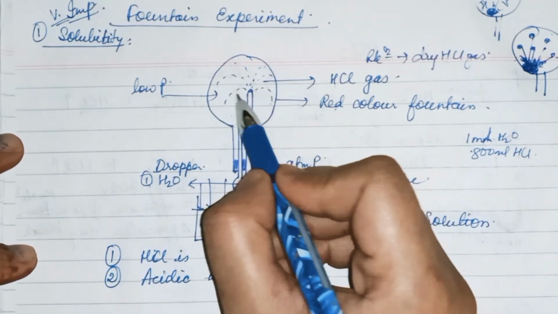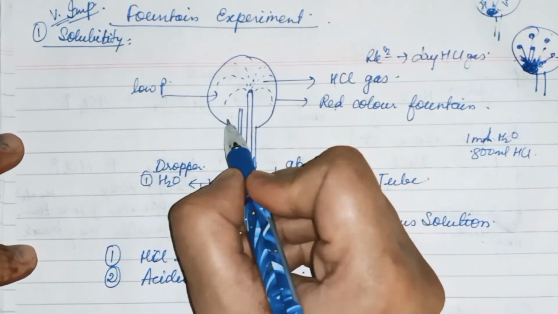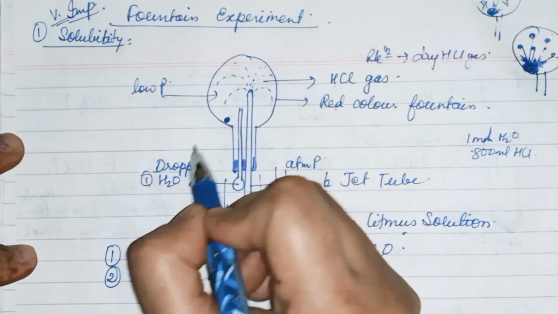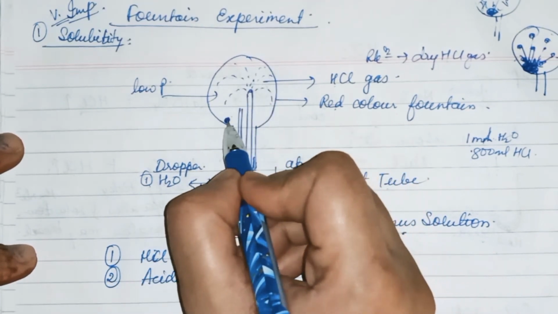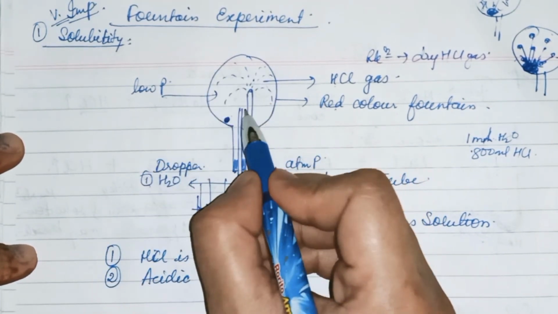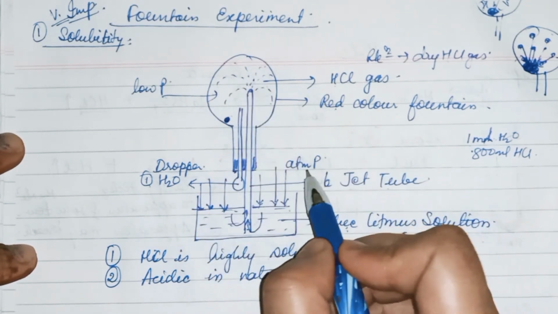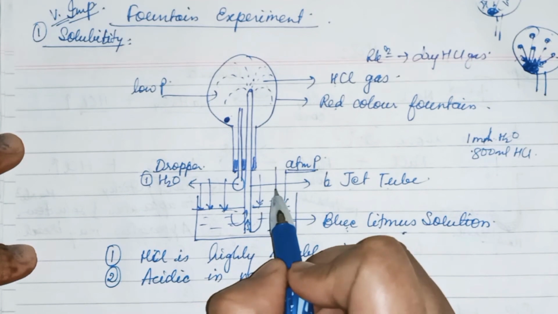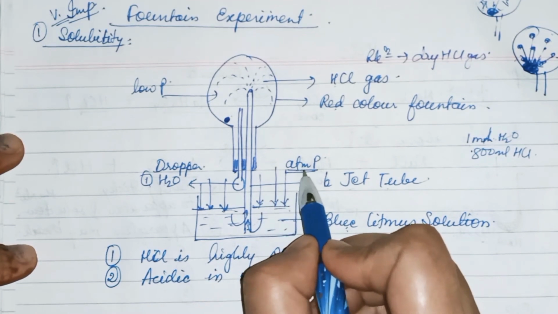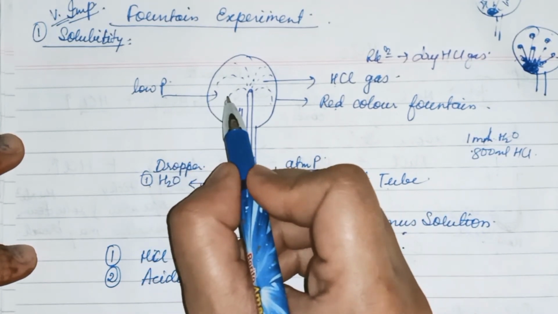So when all the HCl gas is dissolved in the water droplet, vacuum is created or low pressure is there. Outside there is atmospheric pressure which is higher than the internal pressure.